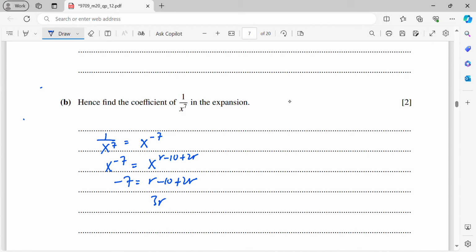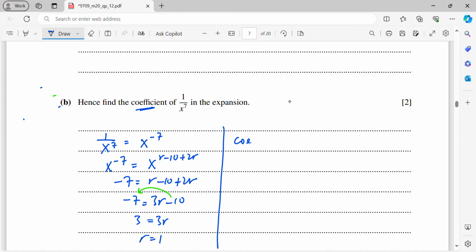So here 3r minus 10 equals to minus 7. So to get the r, this minus 10 you move to the other side. That means I will be getting 3r equals to minus 7 plus 10, which is 3. So my r is 1 now. And the question is asking for coefficient.